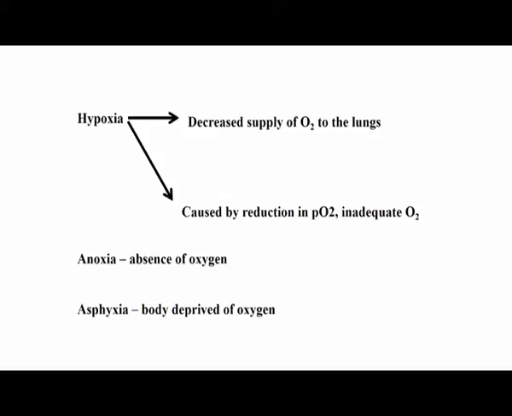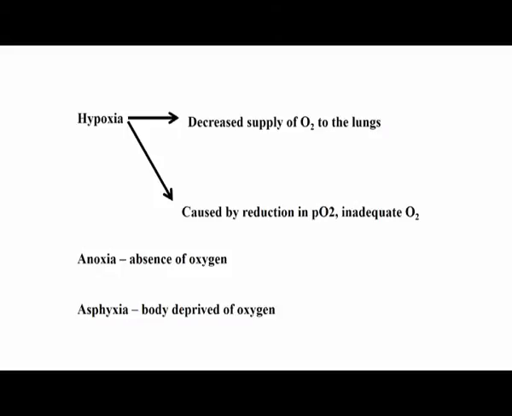what is hypoxia? I will give a definition here, and then we will see what hypoxia, anoxia and asphyxia are. Hypoxia: hypo means less, oxia means oxygen. So, less oxygen is what we call hypoxia.